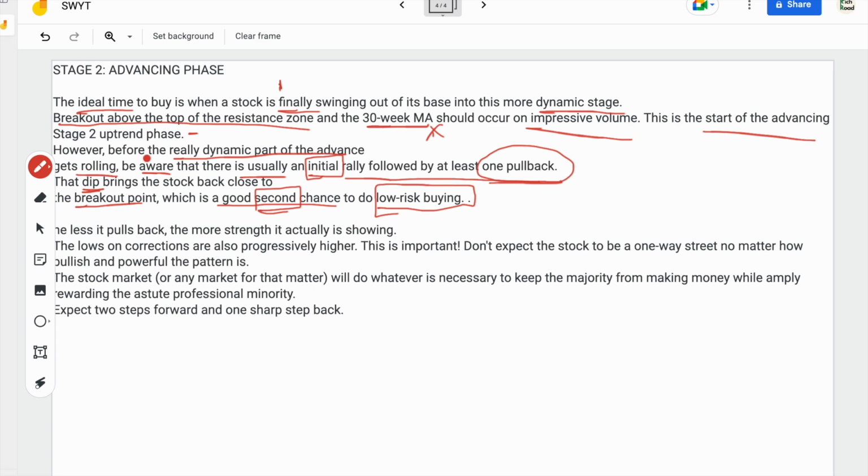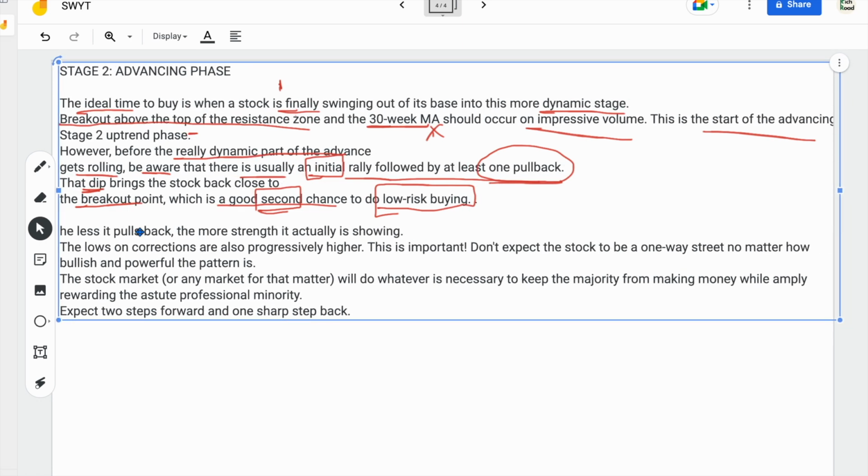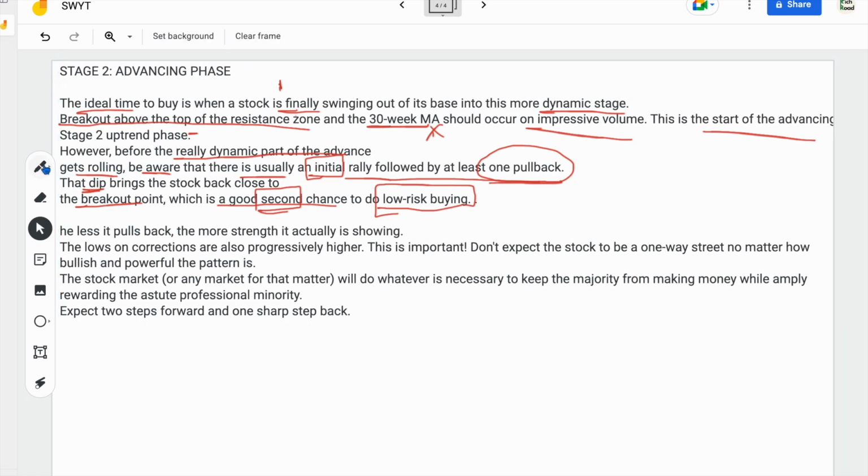And then what he's saying is, the less it pullbacks, very important, the more strength it has actually shown. So now see, there is one problem here. You can never know how much pullback will happen before the up move has begun.